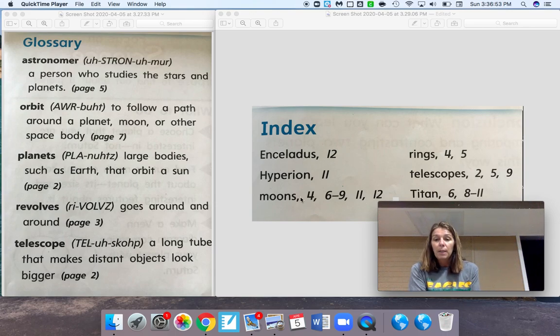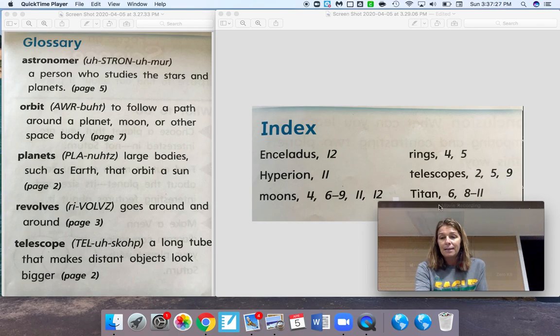So, for example, if I wanted to look up telescopes, if I wanted to just look in this book for information on telescopes, like maybe I was assigned a project to explain about telescopes, instead of looking all the pages through from 1 to 22 that are in this leveled reader, I would know I could flip to page 2, 5, and 9. And on those 3 pages, telescopes will be mentioned.